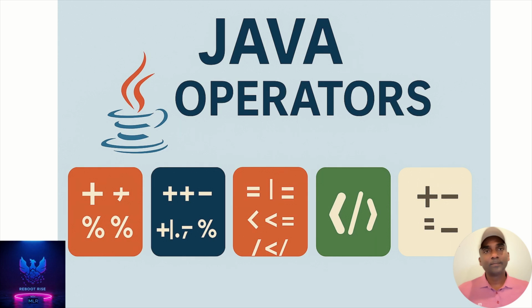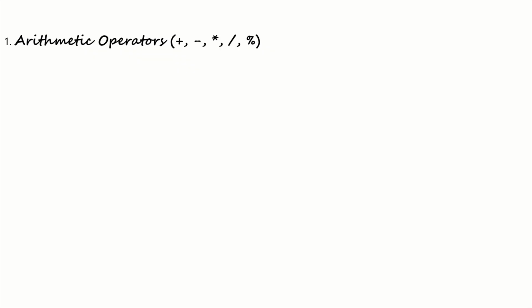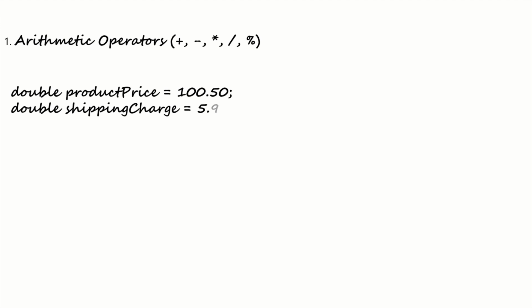The first operators that we have are arithmetic operators. If you want to perform basic mathematical calculations like addition, subtraction, multiplication, division and modulus, we have arithmetic operators. Let's take an example: we are purchasing a product online, where we have a product price and a shipping charge.